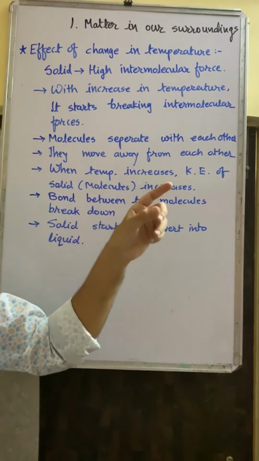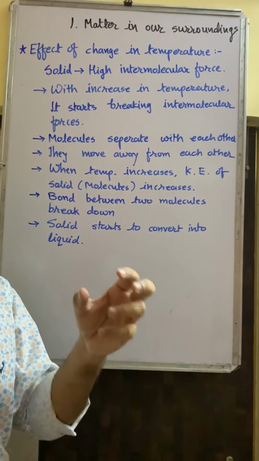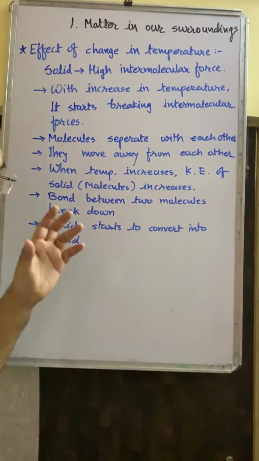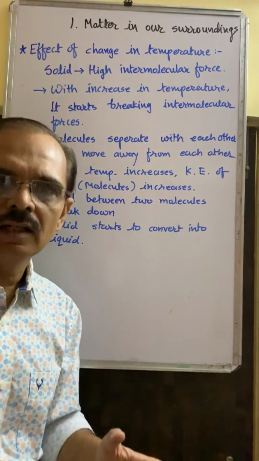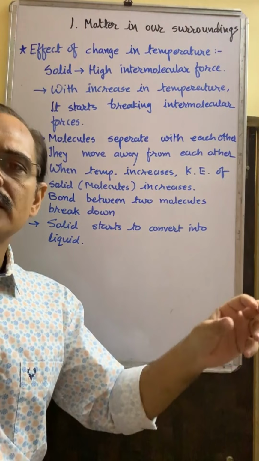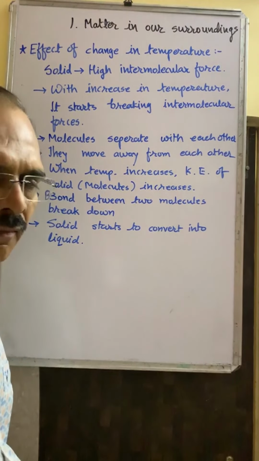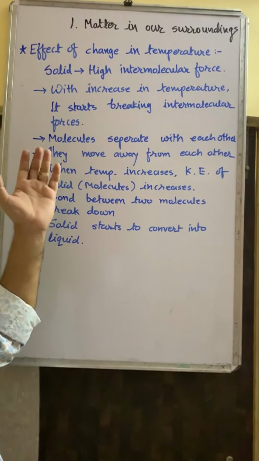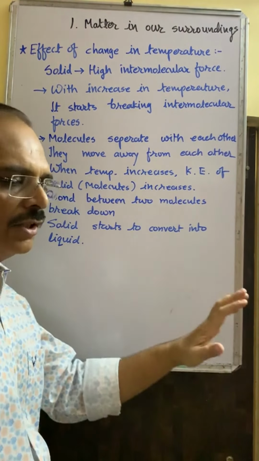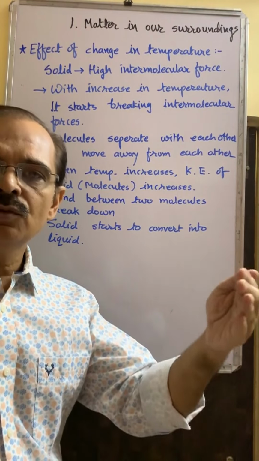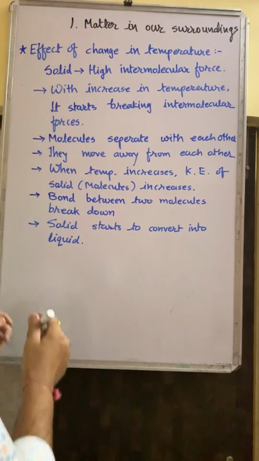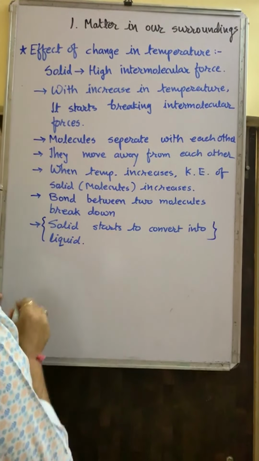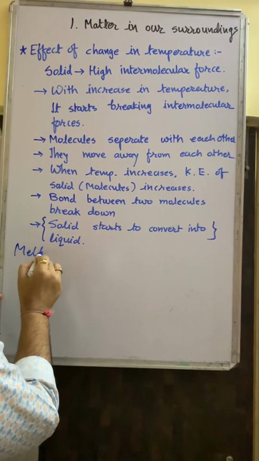When temperature increases, kinetic energy of the molecule inside the solid also increases, and the bond between two molecules break down, and because of this breakdown, solid starts to convert into liquid. Okay, when solid starts to convert into liquid we can say that this is the change in states, solid to liquid. Now this point, when solid starts to convert into liquid, this point is known as melting point.